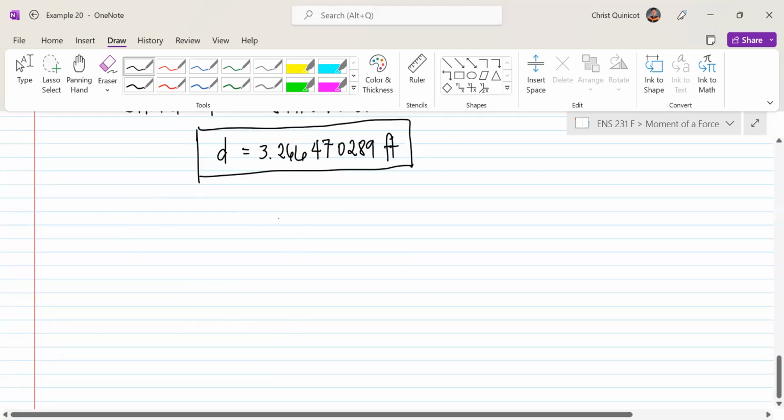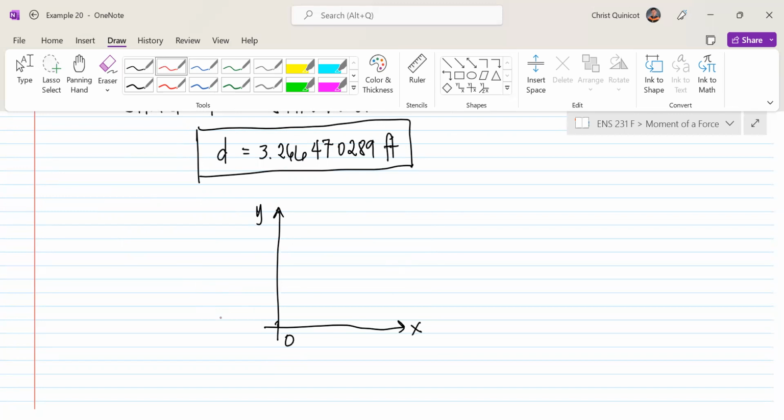So if we redraw our XY axis here, this is our Y, this is our X, and this is our point O. And we have established already that all our force system creates a clockwise moment about point O. So let's say this is our F sub R, and we follow the line of action, and this is our D, 3.266470289.